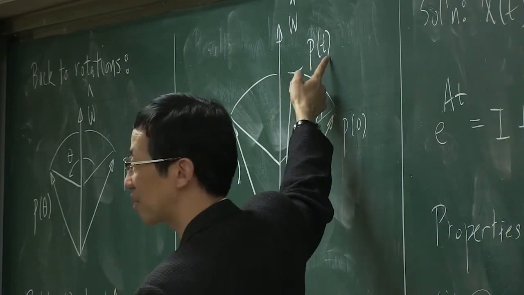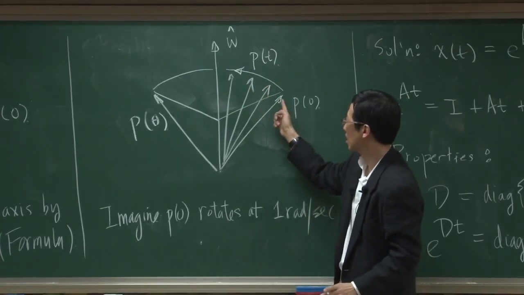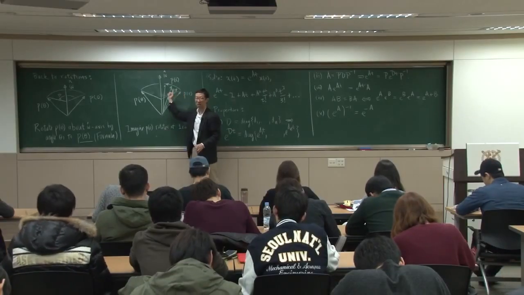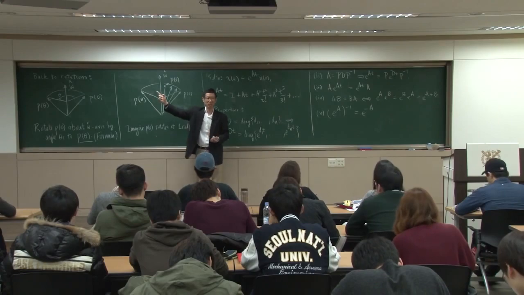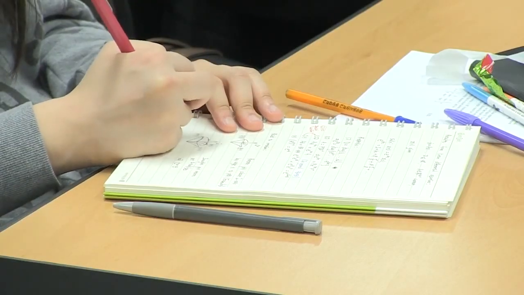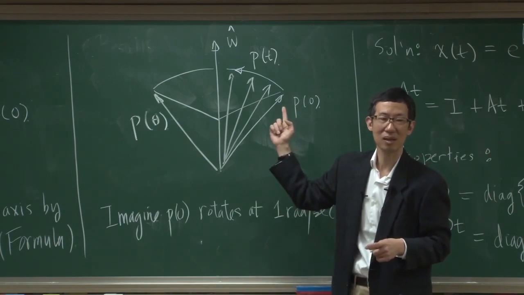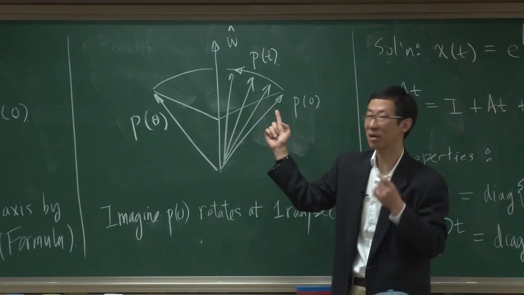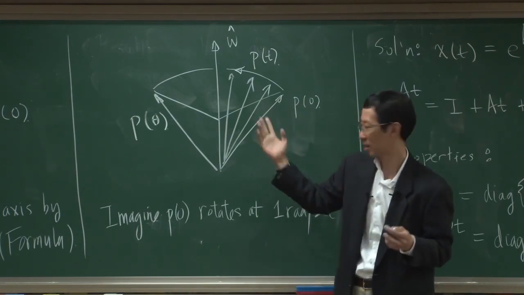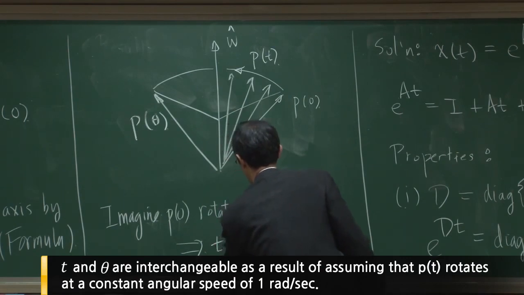After 1 second, how much has it rotated? 1 radian. After 2 seconds, it's rotated 2 radians. After t seconds, it's rotated t radians. So in fact, t is just theta.